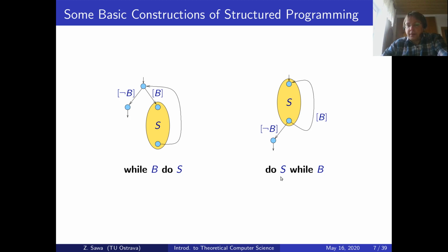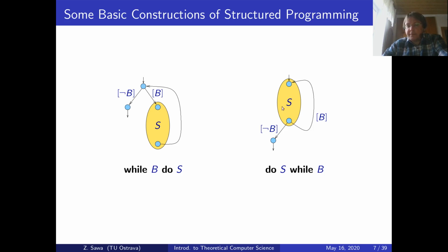The do while cycle is very similar. The only difference is that in the while cycle it can happen that statement S is never performed: if at the beginning the condition is false, then this part is never performed.